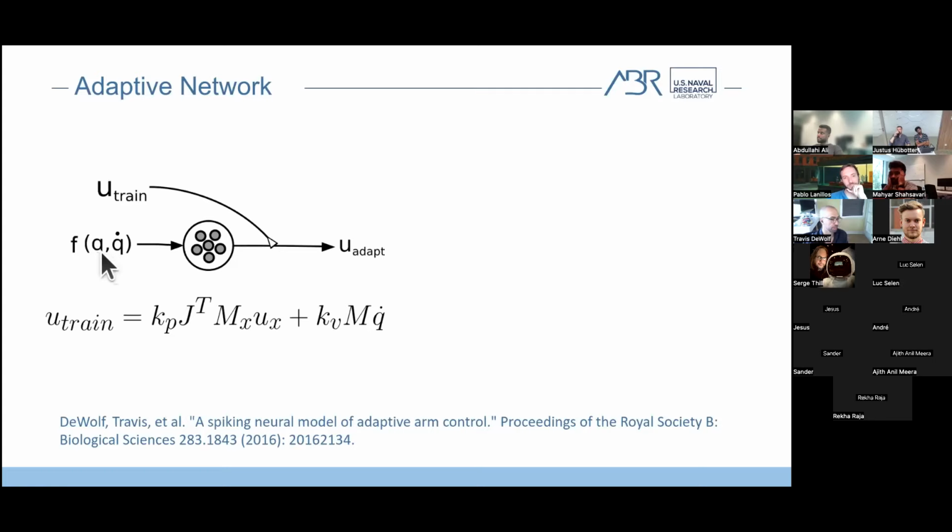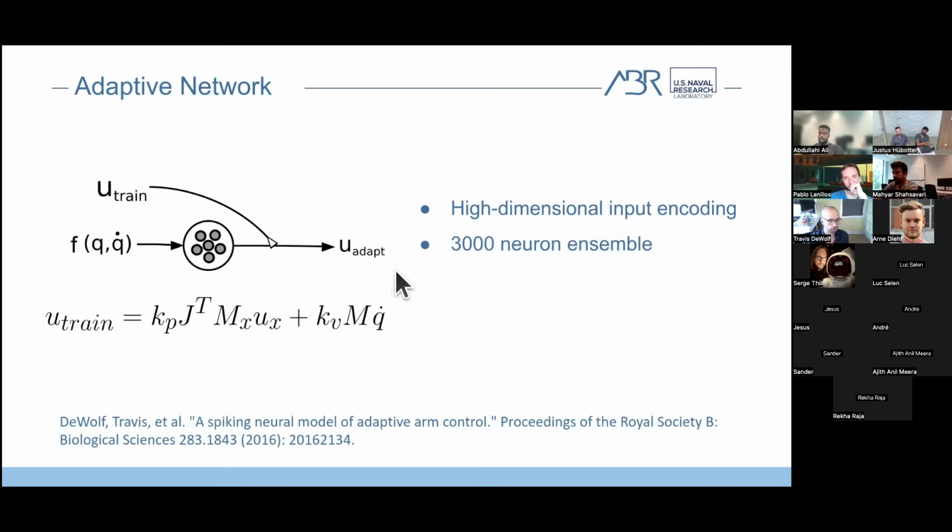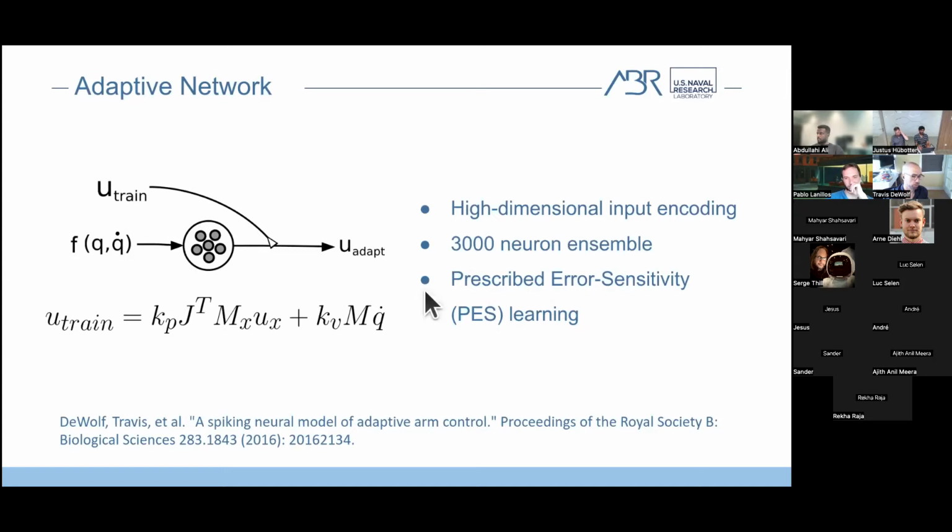In this case, it's just the joint angles and the joint velocities. And then we use the training signal to adjust the connection weights on the output side. So high dimensional input encoding, we're using 3,000 neurons in this ensemble, and the learning rule that we're using is the prescribed error sensitivity PES learning rule, which is specific to the neural engineering framework.